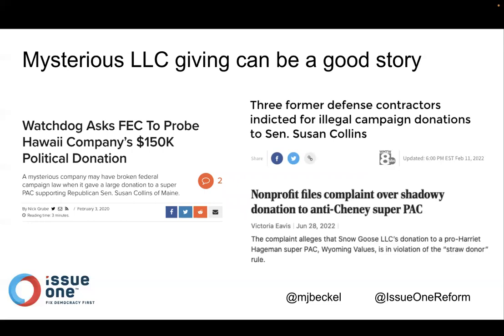The Campaign Legal Center ended up filing a complaint in this situation, and the Department of Justice looked into it further and figured out that a former defense contractor was using an LLC to try to evade the limelight.